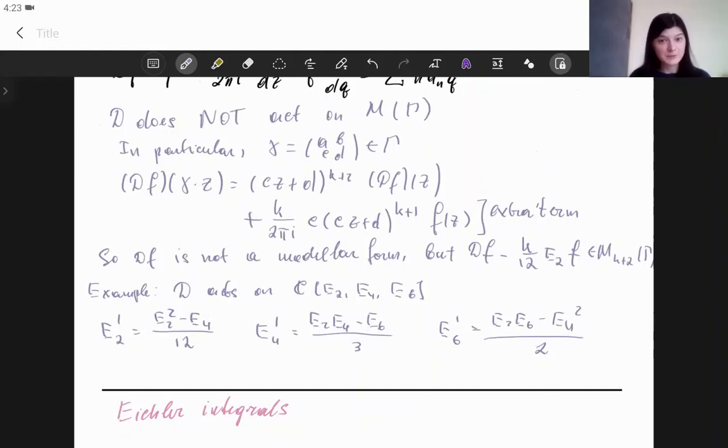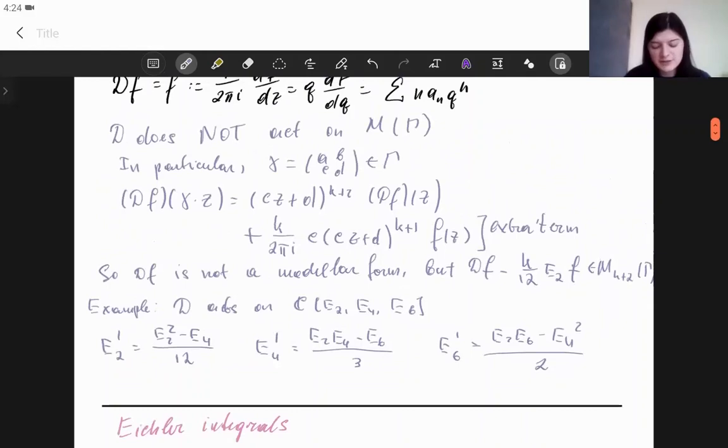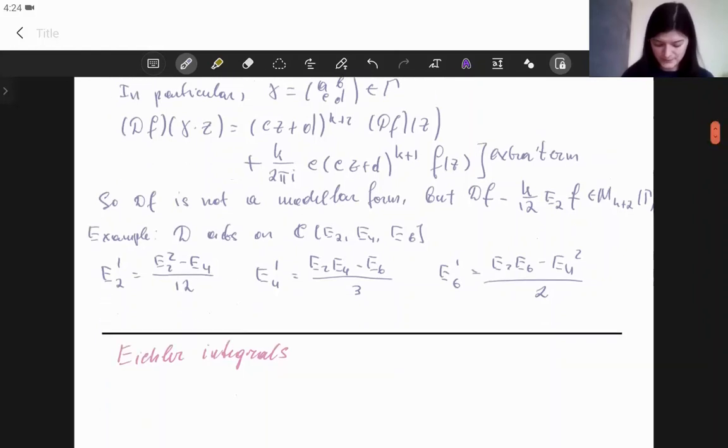E2 is definitely a quasi-modular form, but I honestly don't remember exactly the definition of a quasi-modular form, but I believe you're right. Okay, thanks. Yeah, great observation. Any other questions about this example? All right, if there are none, I'll move on, but I will leave some time after each of my subsections for questions.